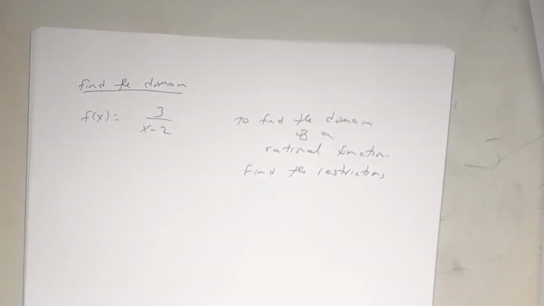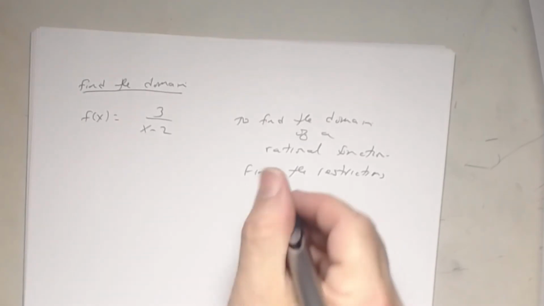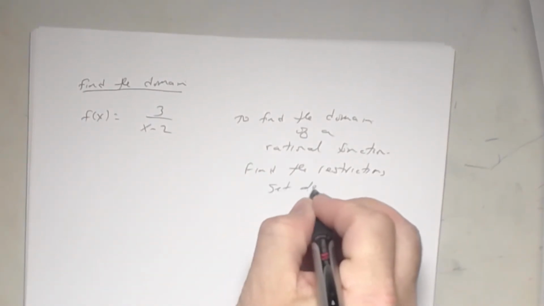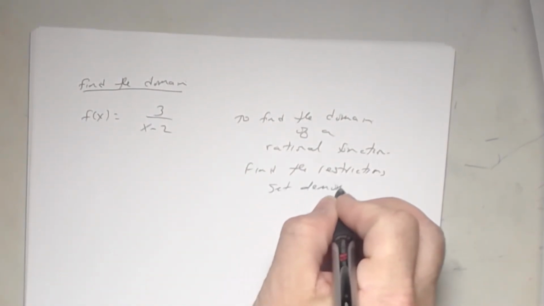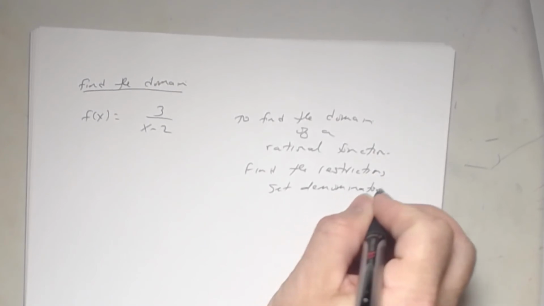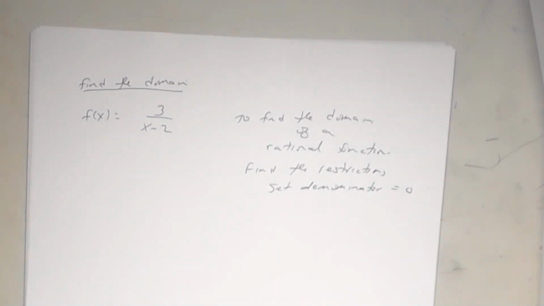Basically, your rational function has a denominator, correct? And your denominator cannot be 0 because you can't divide by 0. So to find the restrictions, you're going to set the denominator equal to 0 and solve that equation. The one I just gave you is an easy one, you could have done that in your head.